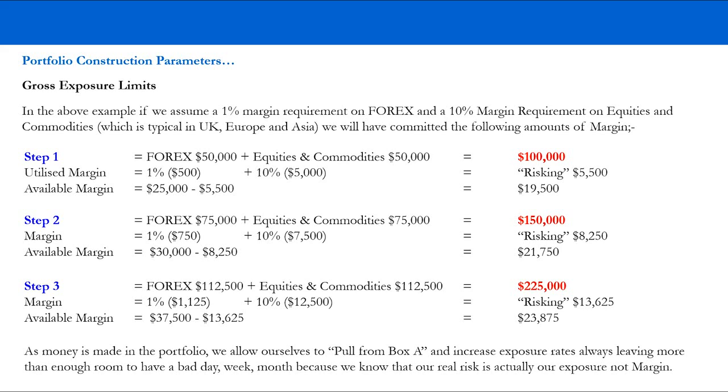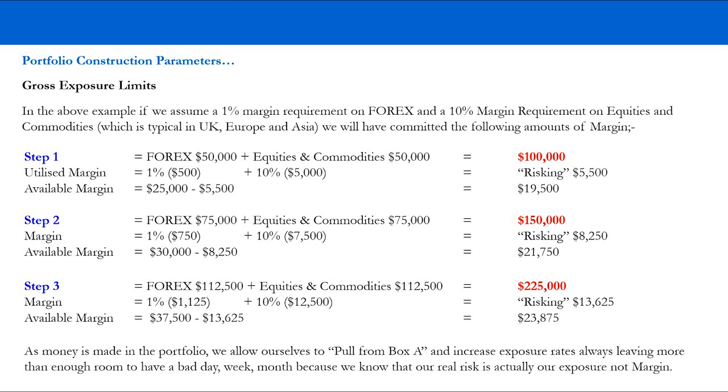The margin that we're utilizing towards Forex is $1,125 plus a 10% margin requirement in equities and commodities, so utilizing $11,250. So in total, we're risking $12,375. That's the portion of the margin we're risking.